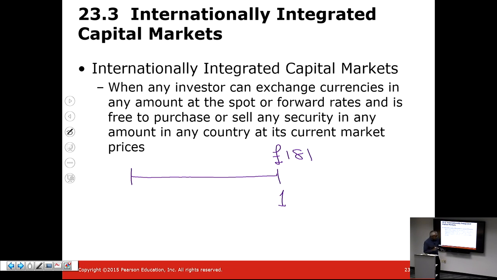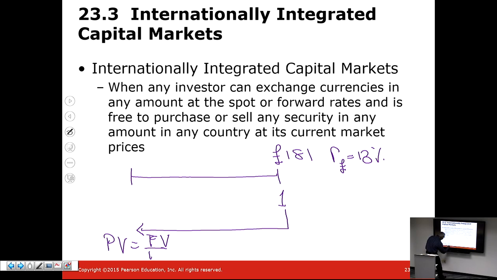Assume that the appropriate cost of capital in pounds for Vodafone is 13%. Then what is the value of this stock today? The answer is the present value, which is future value divided by 1 plus R. Future value is 181, R is 13%.